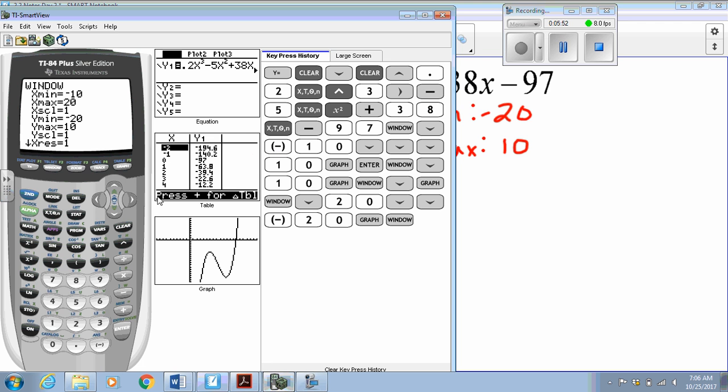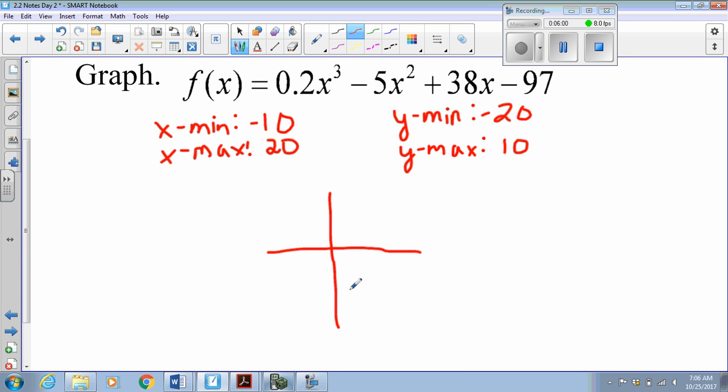I just need to go back to my graph and make sure it looks like this here. So I go here, boom, boom, and then I have arrows. Sketch just means it does not need to look perfect. It just needs to look kind of similar to what we have. So on your homework, you will write your viewing window, and then you would sketch the graph.